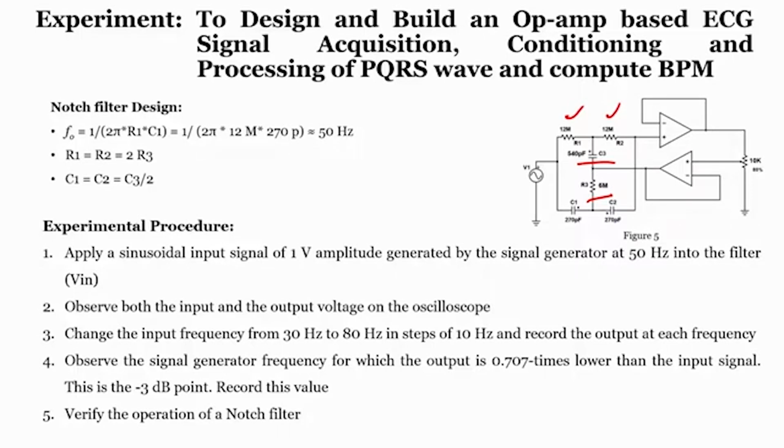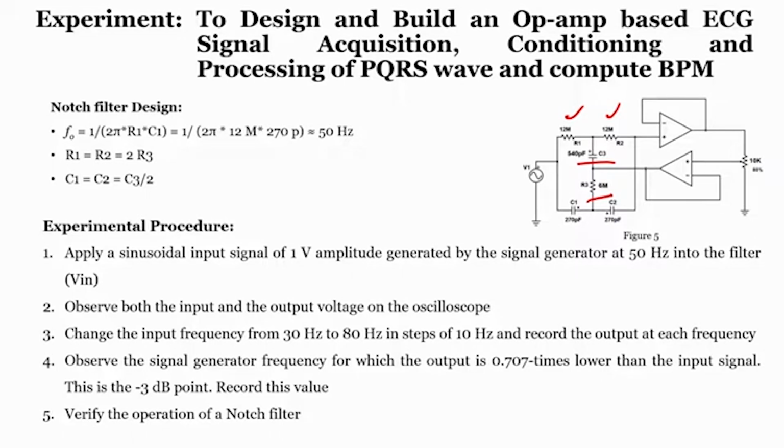Similarly, the R3 value should be half of the R1 and R2 values, that is, R1 and R2 are double that of R3. Since we are selecting R1 and R2 as 12 mega, R3 should be 6 mega, and similarly the C3 value should be double the C1 and C2 values.